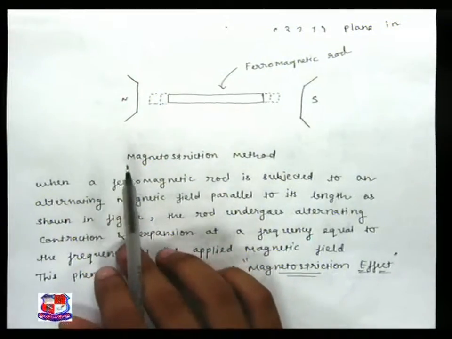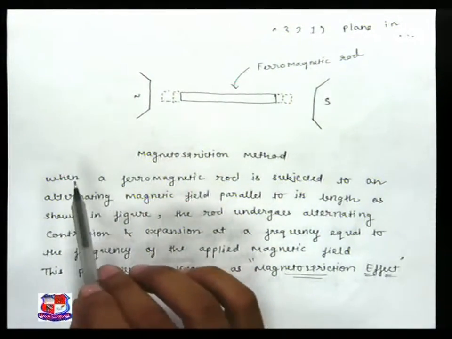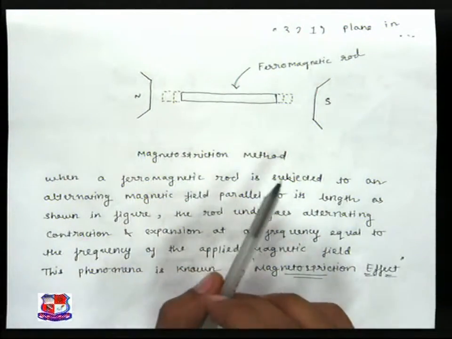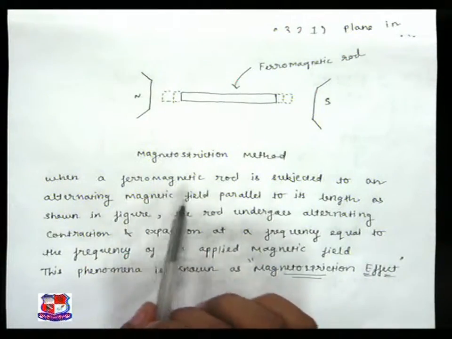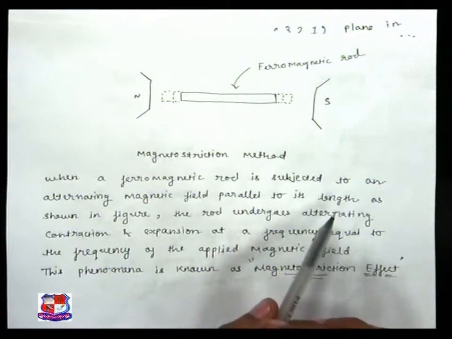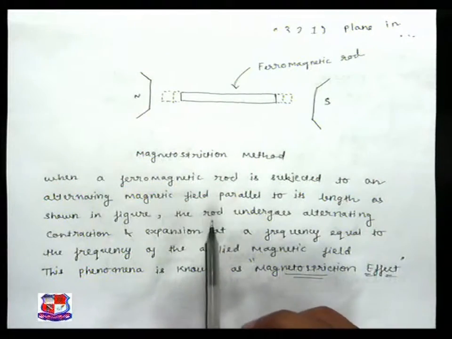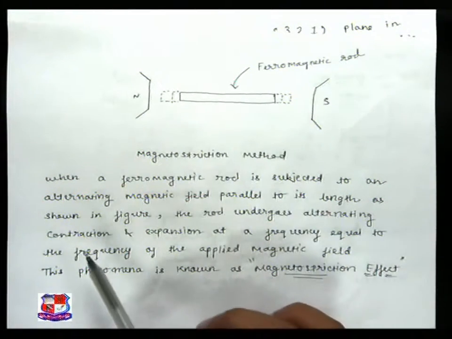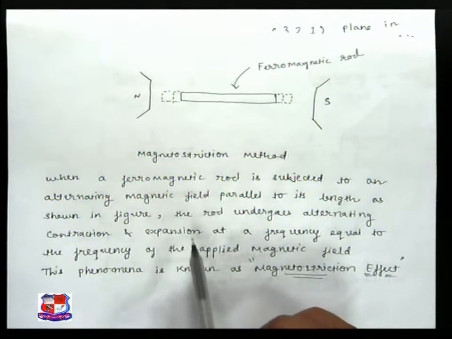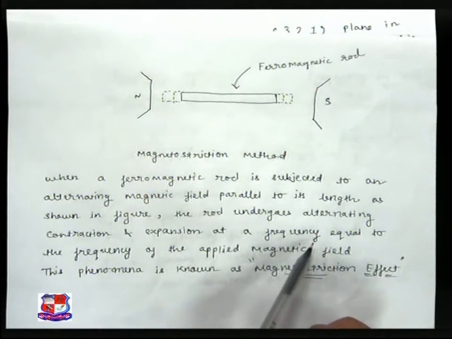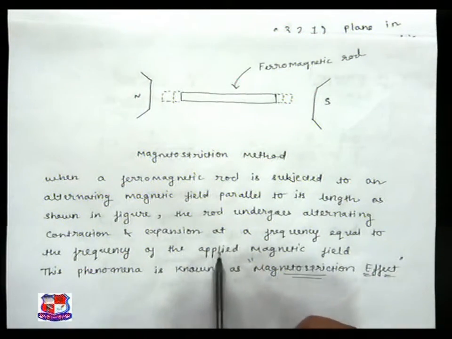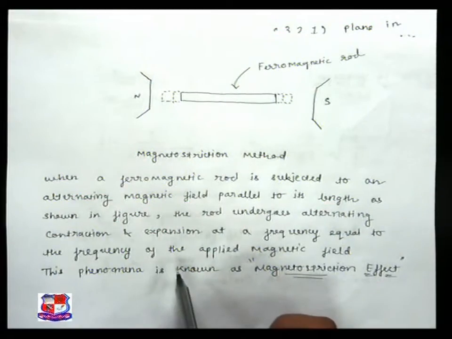So, the magnetostriction effect: when a ferromagnetic rod is subjected to an alternating magnetic field parallel to its length, as shown in the figure, the rod undergoes alternating contraction and expansion at a frequency equal to the frequency of the applied magnetic field.